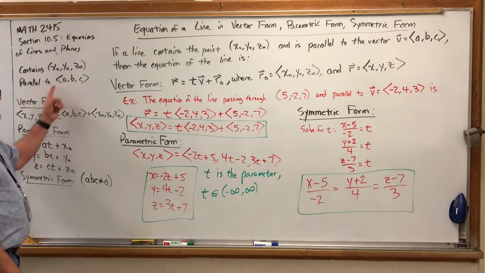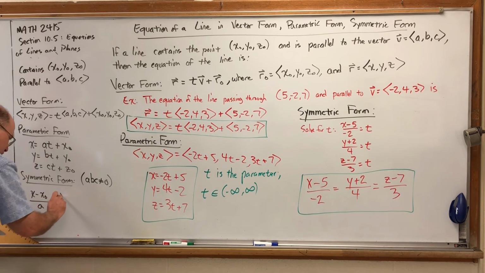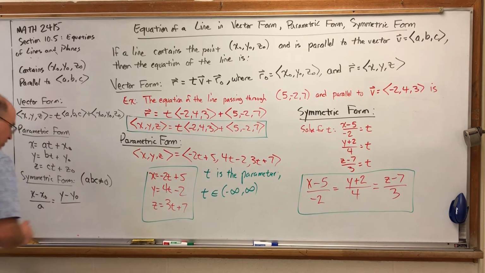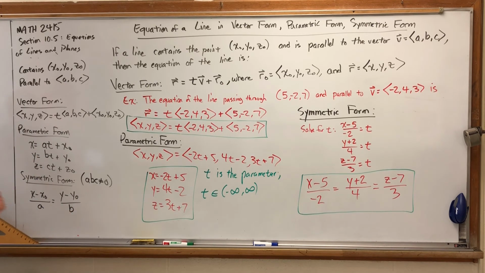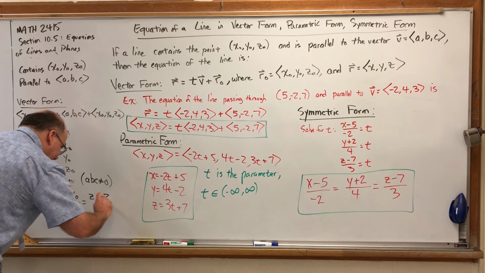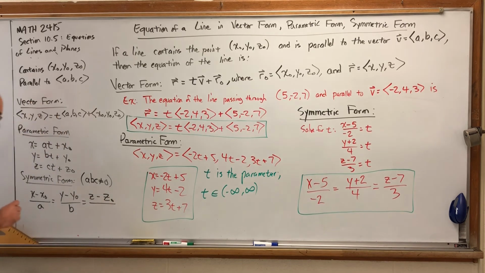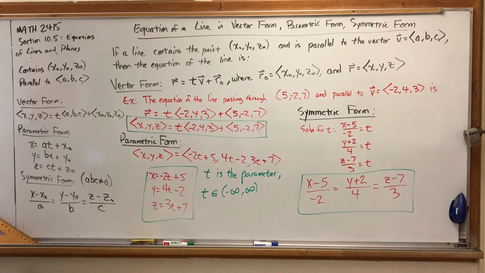In other words, when the parallel vector has no 0 component, then symmetric form would be x minus the x coordinate of the given point over the x component of the parallel vector equals y minus the y coordinate of the given point divided by the y component of the parallel vector, which are both equal to z minus z naught, so z minus the z coordinate of the given point divided by c, the z component of the parallel vector.